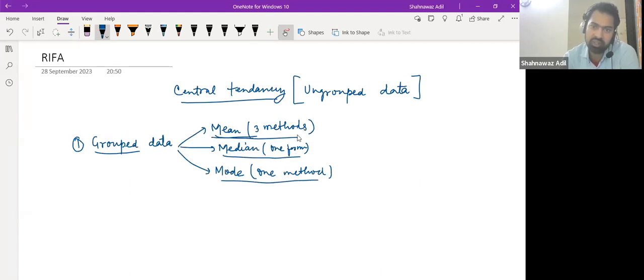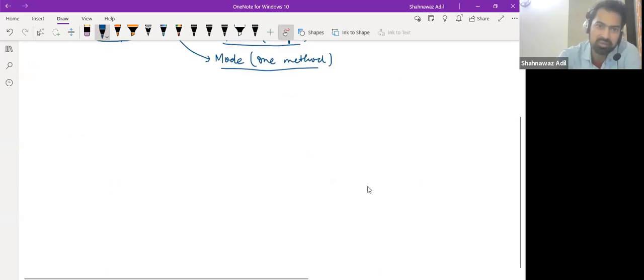So I will talk about these methods. Firstly, I will talk about the mean of a grouped data. In the grouped data, what do you have? You have class intervals.